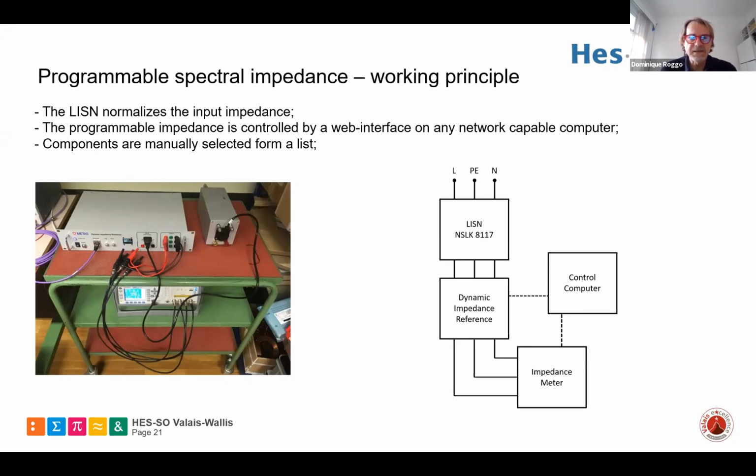It was realized by Metas, and it is a device very similar to the previous one. We have the impedance meter, the standard line impedance network, and then we have these different resonance circuits that can be commutated by a computer control array.